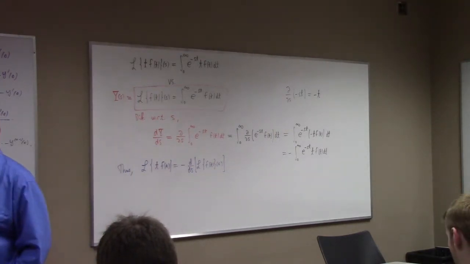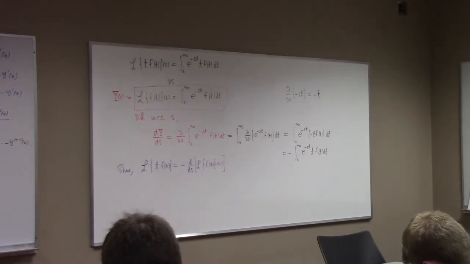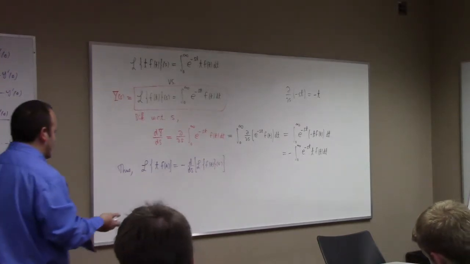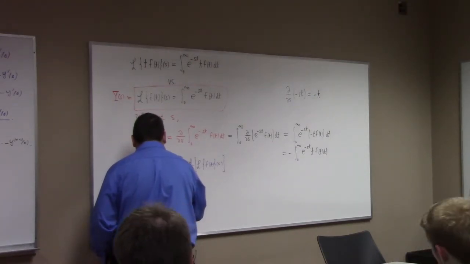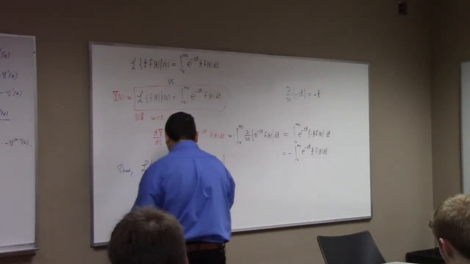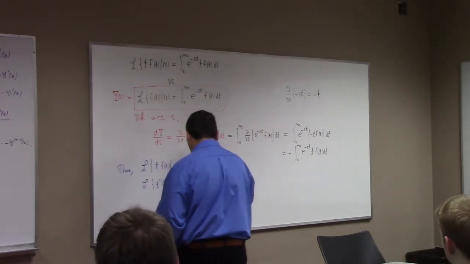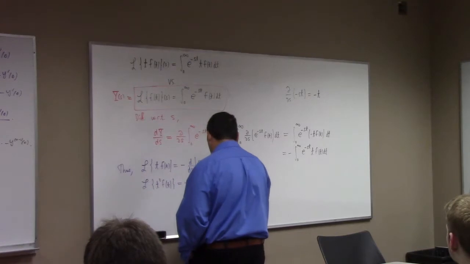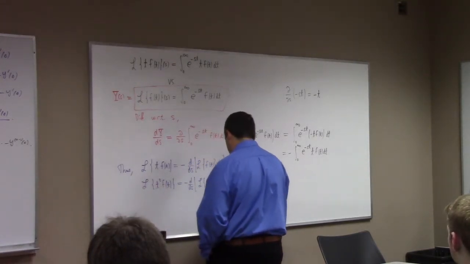And if you can do it once, you can do it twice, you can do it n times. What happens when we calculate the Laplace transform of, like, t squared? So that's minus d/ds of the Laplace transform of t times f, right?